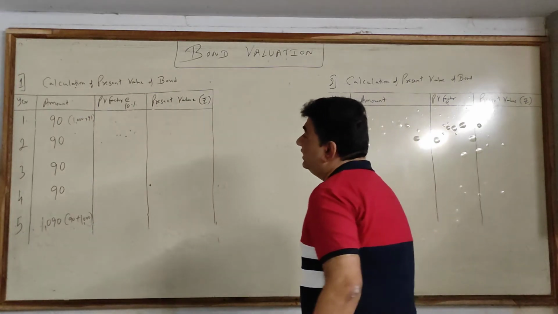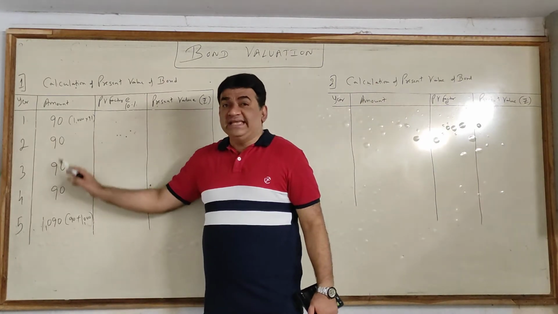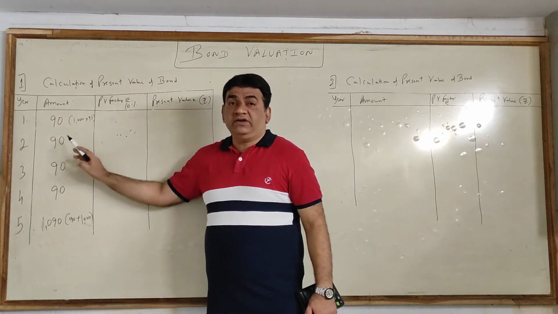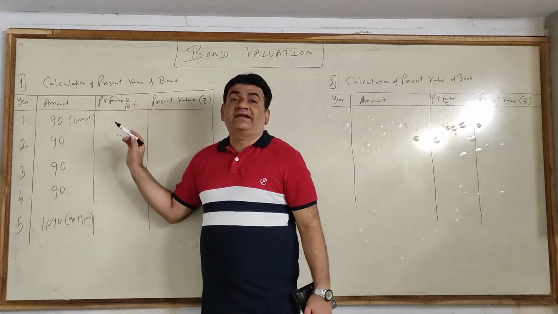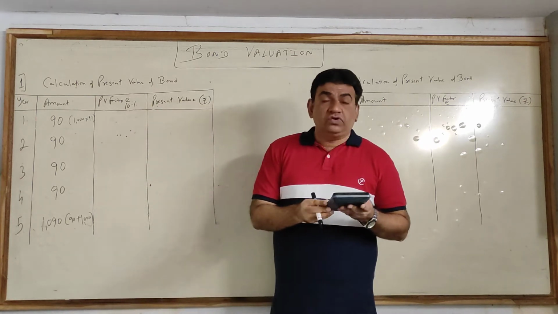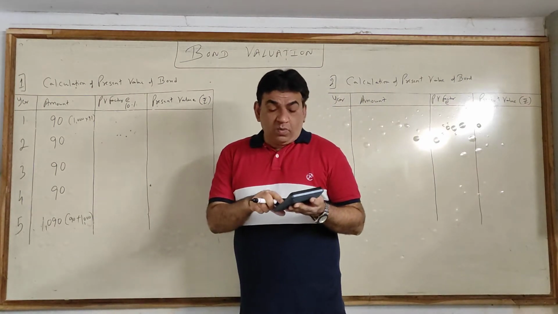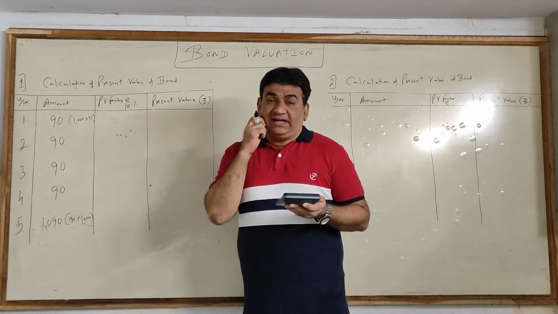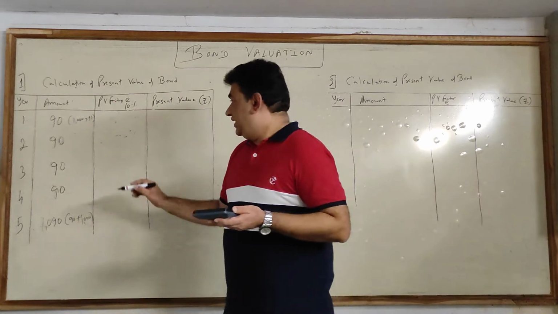What is the rate? 10%. Remember, the rate which comes here will be the coupon rate or the interest rate, and the rate which comes here will be PV factor 10%. Now 5 years, you all know very well. Those who don't know, again I am repeating. 10%, so take in your calculators 1 divided by 1.10. How much do you get? 0.909.